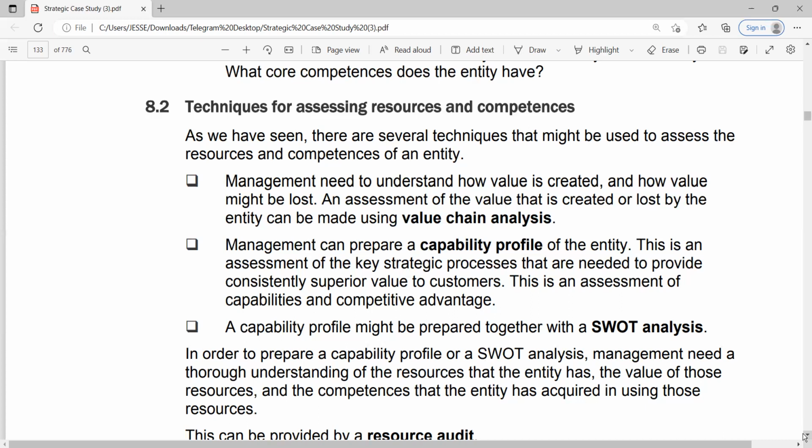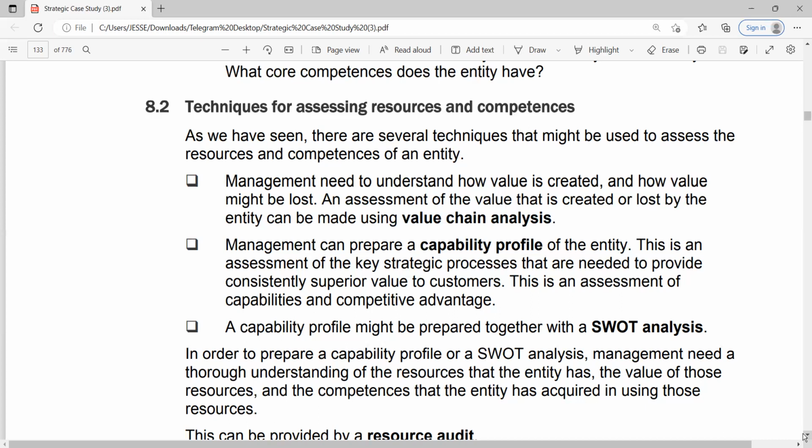So, if you are preparing a capability profile, you do that together with what we call a SWOT analysis, right? And in order to accurately prepare it, you need a thorough understanding of resources.